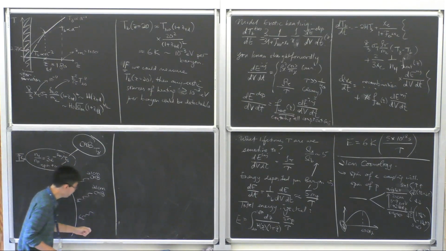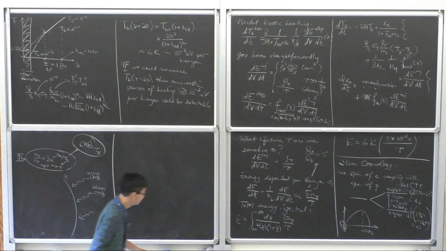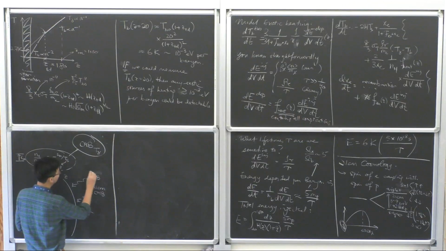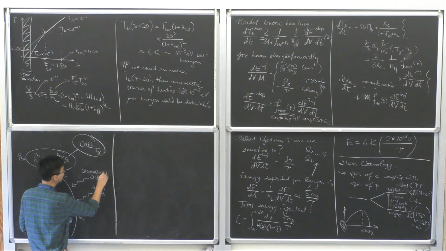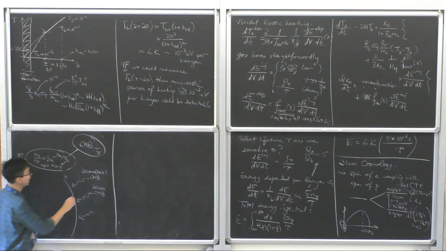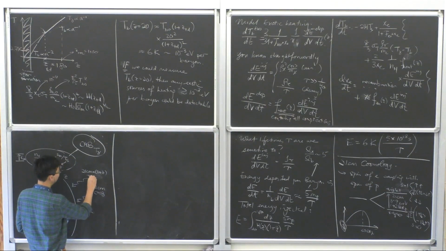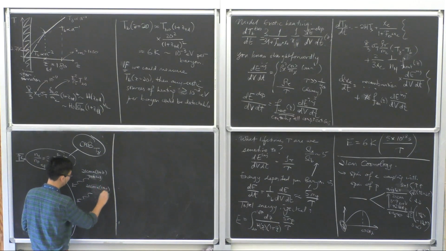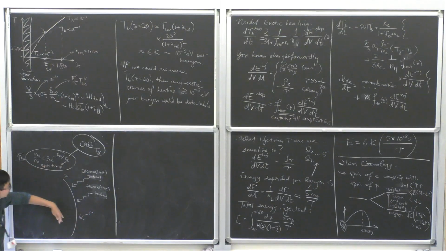Okay, so let me rewrite this in a way that is a little bit more obvious. So really, these photons are at 21 cm times 1 plus z today. And then they're coming into this slice of gas at redshift z.